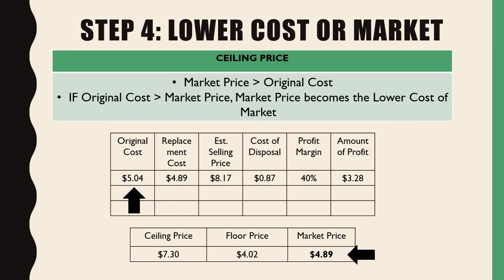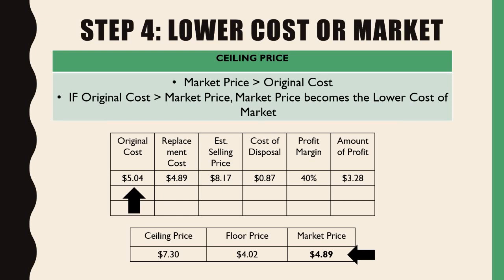Now, here's the condition. If my market price is greater than my original cost, then your original cost is definitely lower. But if my market cost is less than my original cost, then you're going to take your market cost. And once you have that, you're going to have to adjust your inventory.